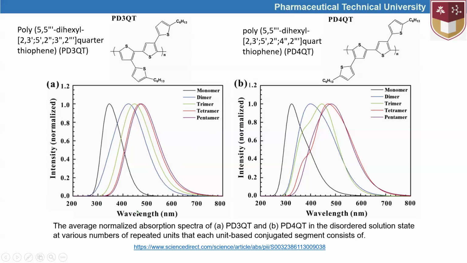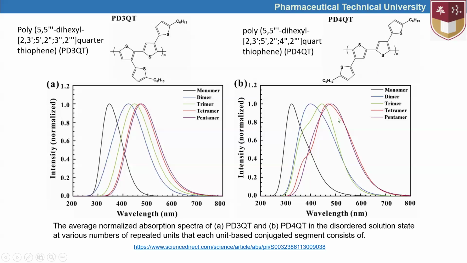In tetramers and pentamers, the peak is around 480, let's say 475. So from these results, we can understand that we can also find out about the shifts of absorbance of different compounds in the UV-visible spectrum that can differ based on whether they are monomers or polymers.